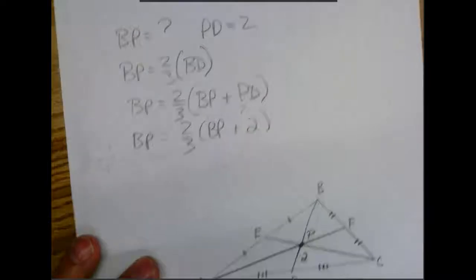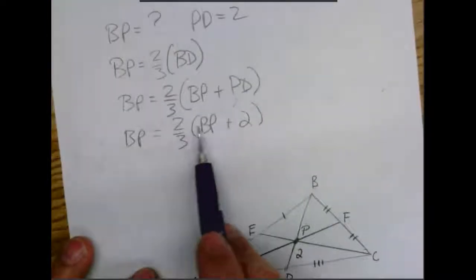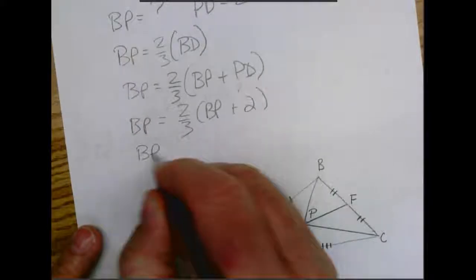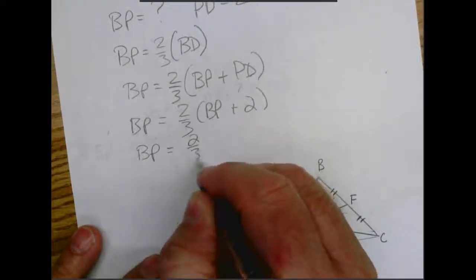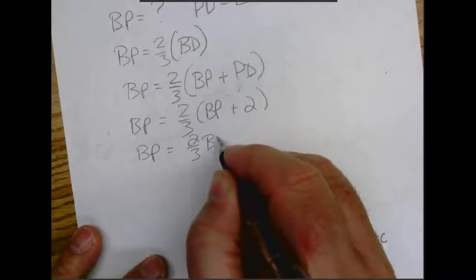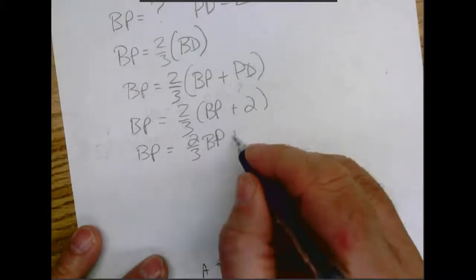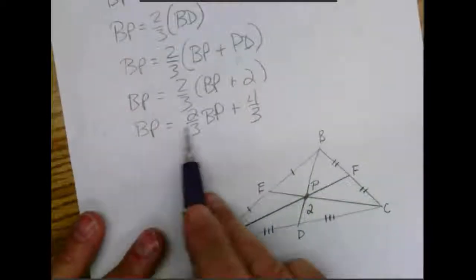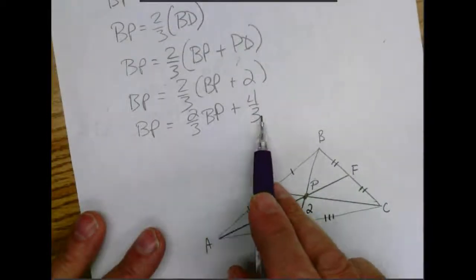Okay. Then we're going to do the distributive property, right? Take 2/3 times that whole thing, leaving BP over here by itself still. So we're going to have 2/3 BP, and that's going to be plus 4/3. So now we're down to BP equals 2/3 BP plus 4/3.